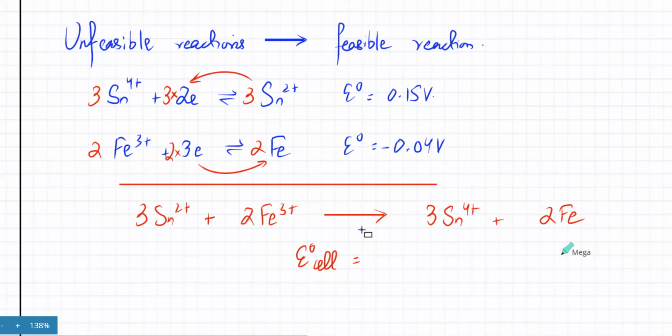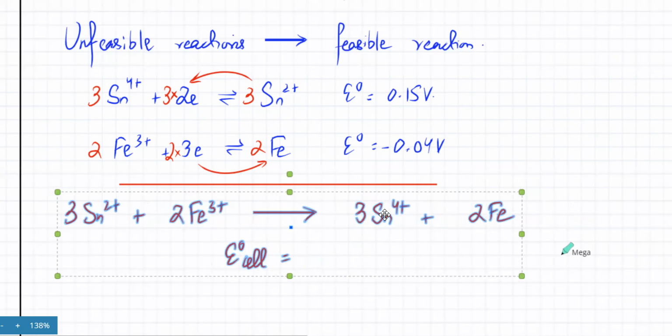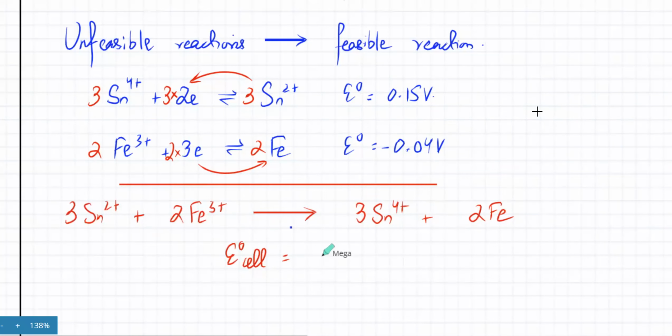In this case, it won't be higher potential minus lower potential, right? I actually told you not to do that, because the better method is reduction potential minus oxidation potential. That gives negative 0.19 volts, right?